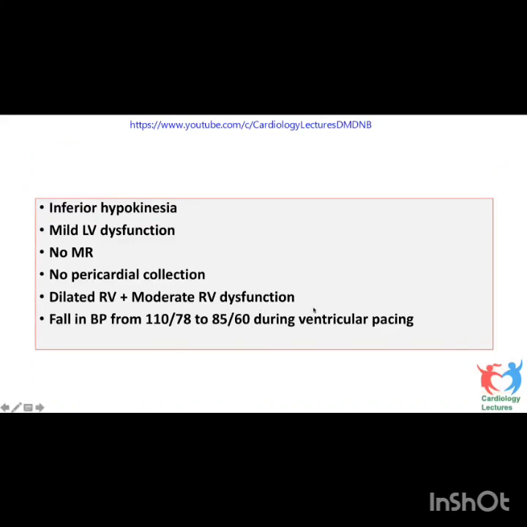You see here, whenever the patient needs ventricular pacing, the BP falls from 110 to 85. That is because this patient on echo started developing a dilated RV with moderate degree of RV dysfunction. RV dysfunction patients do not tolerate complete AV block, and ventricle alone pacing, which is often the strategy that we use during primary angioplasty, does not work in this circumstance.